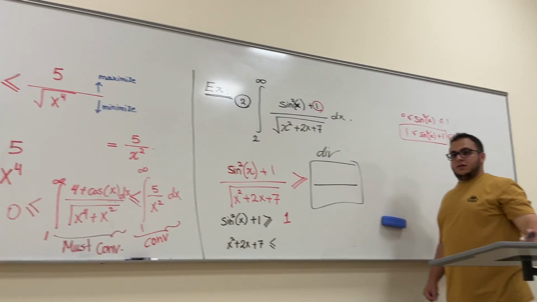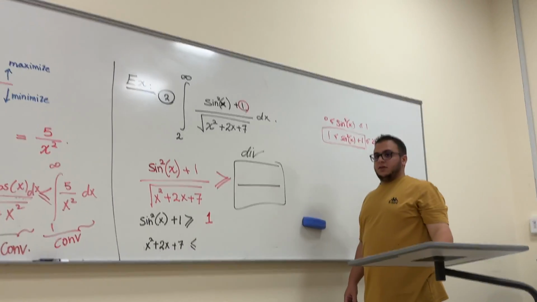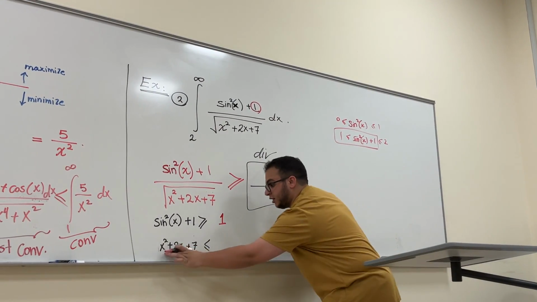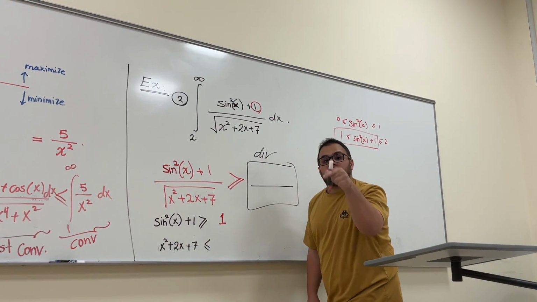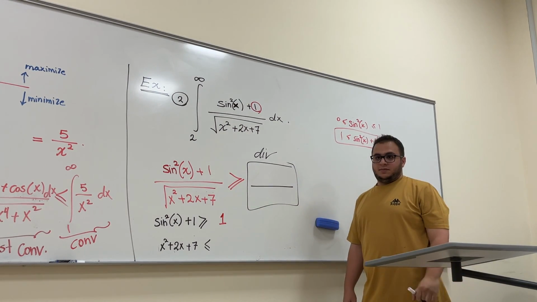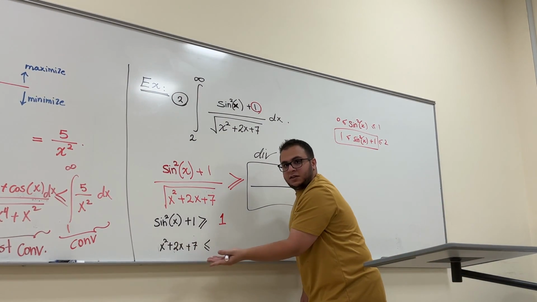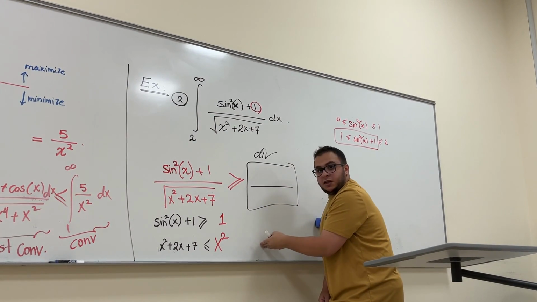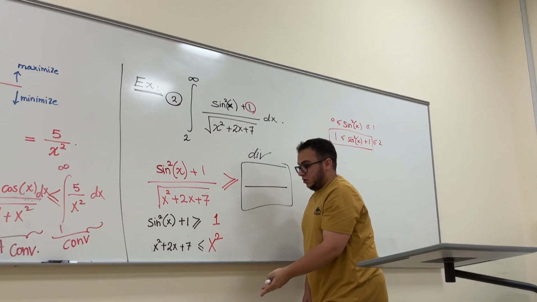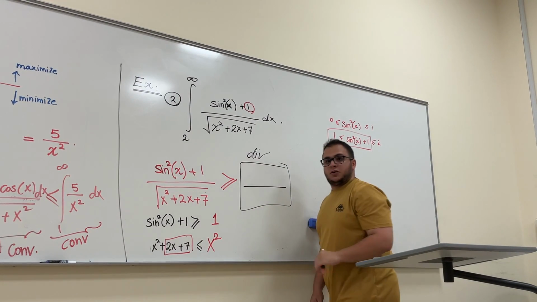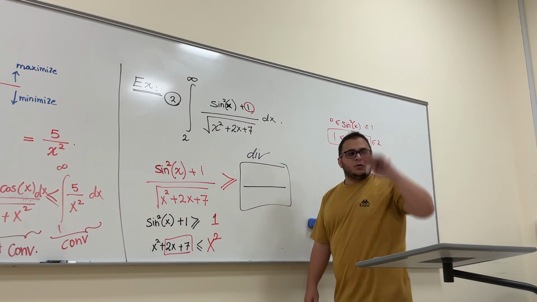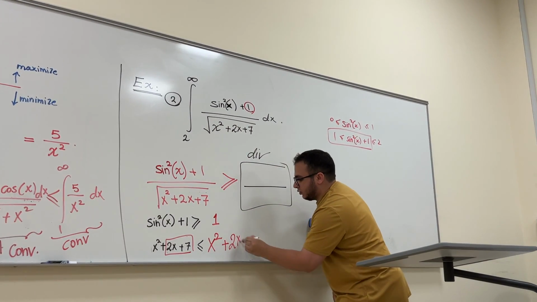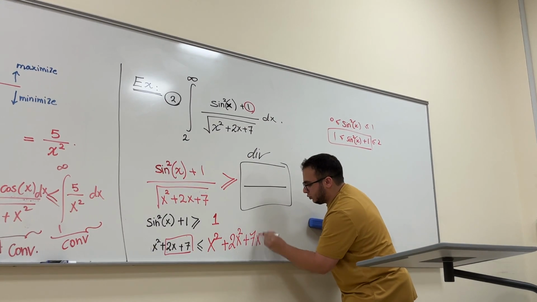Professor, do we need the leading term, the numerator? Yeah. Now give me something larger than this function, but you need to keep it in terms of the leading term. So, who's the leading term? Keep it. But if I just stopped here, is this a fact? No. So I have to deal with these guys. I give them a promotion. What do I mean by this? 2x squared, 7x squared.